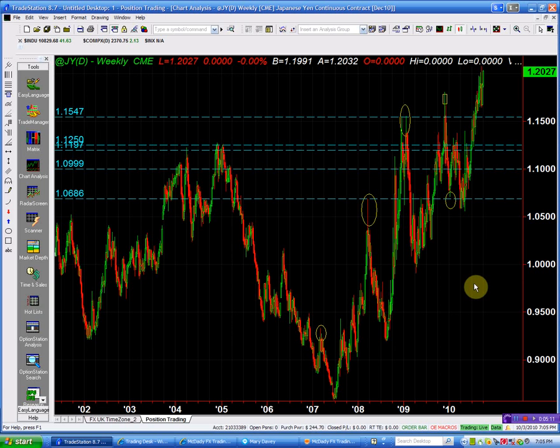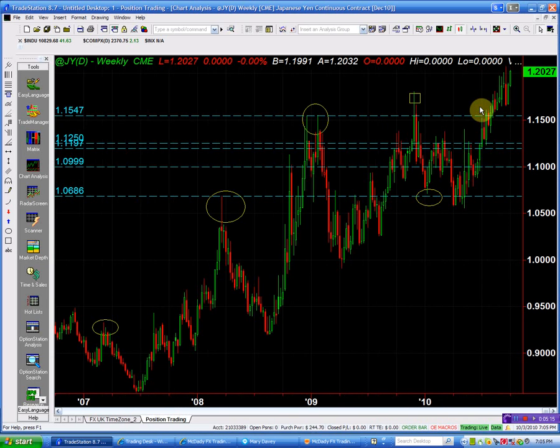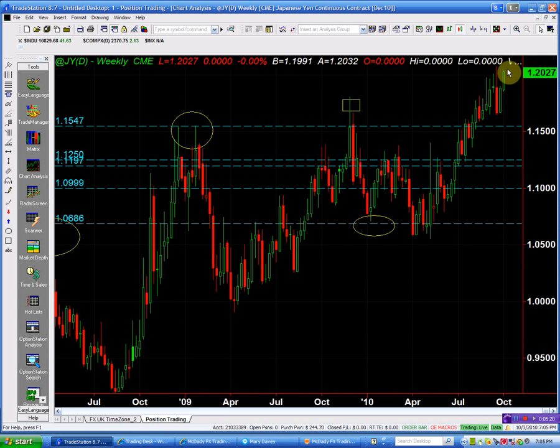It's not there yet, but it is pretty close. It had a strong week. It broke above the prior week's high, and it is pretty much ready to break above the last 4 weeks. So that is an indication that the yen is strong.